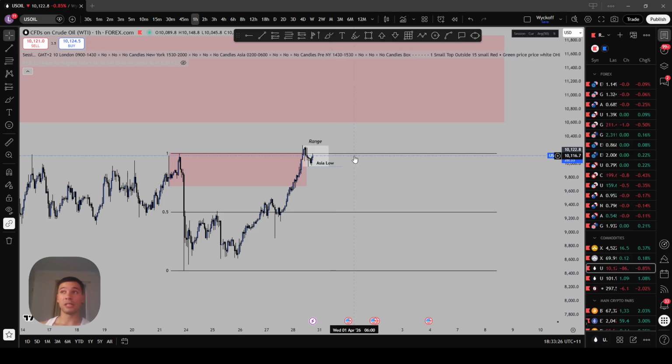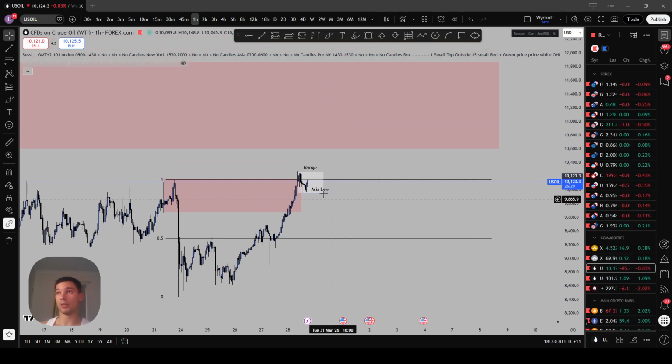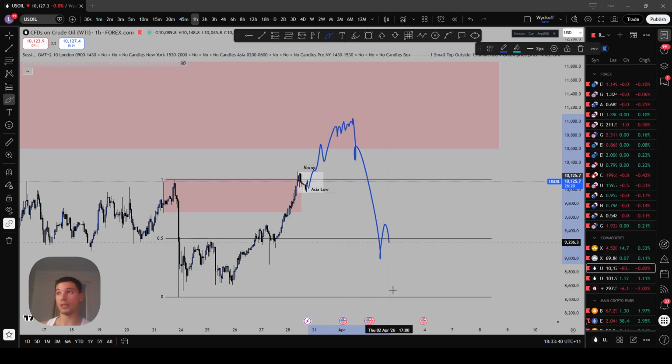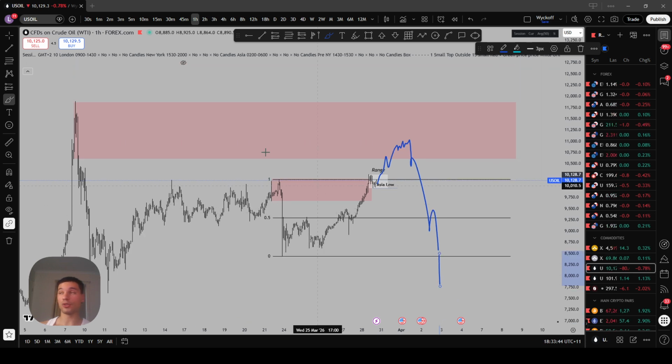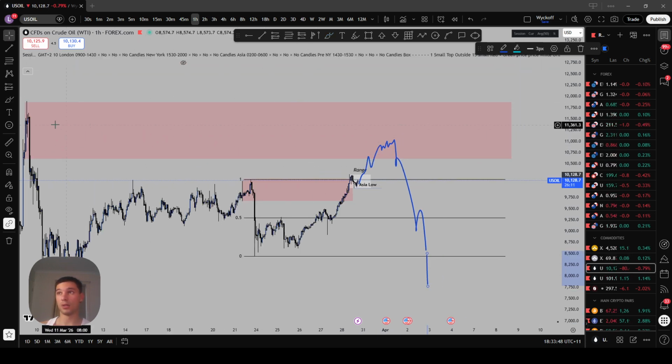Or another pre-planning method that I could see here is that we actually continue to move up, break into the supply, and then form some form of PO3 schematic, which we can then short and take all the way back down to our range low. That can also happen. I'm not saying it's likely, but it can happen.